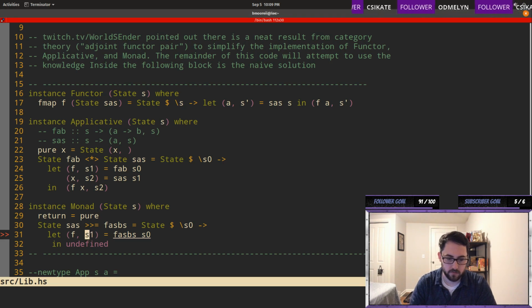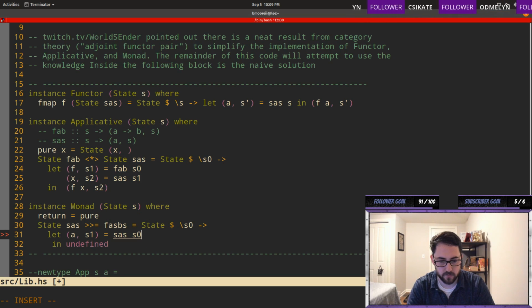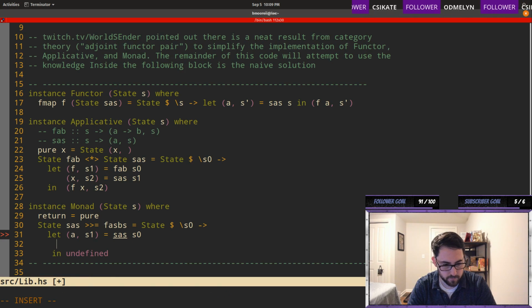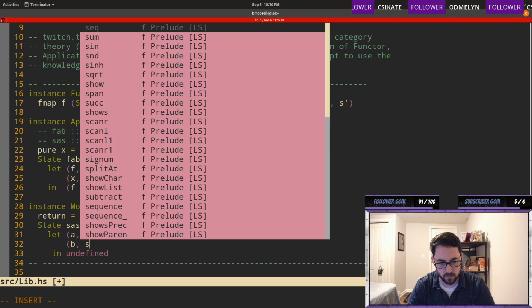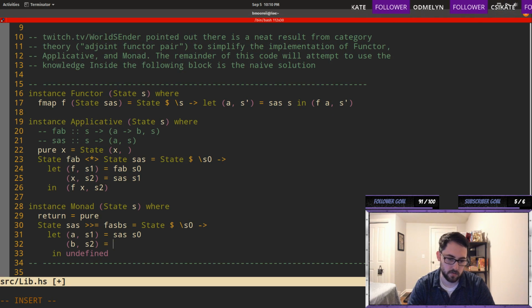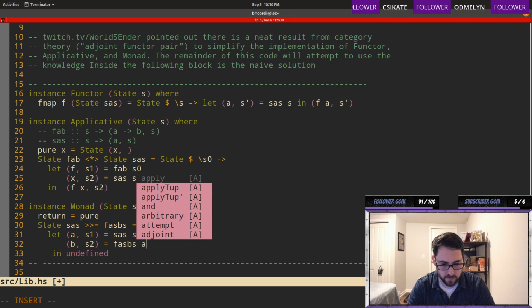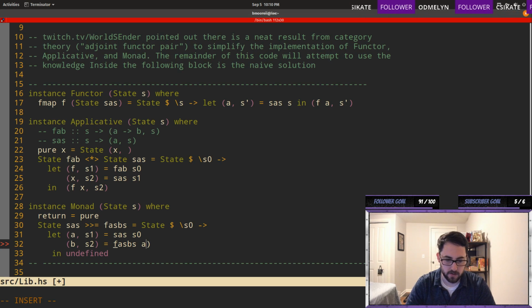But it needs an A. So it's really going to be A S1, S0, and then we need to get a B by taking FASBS on A. That gets me a state of B, and then applying that to S1.